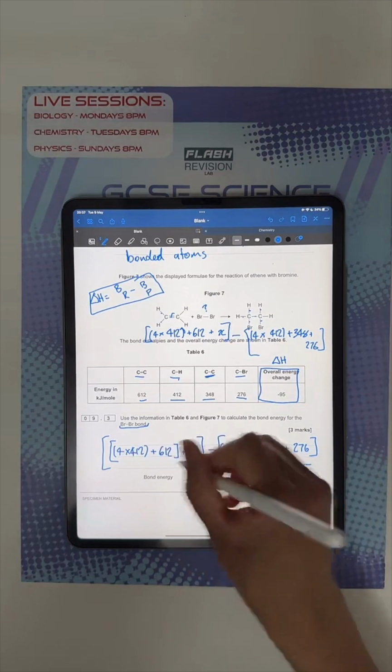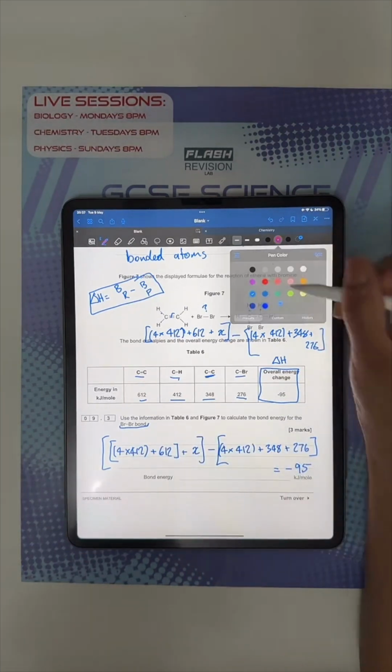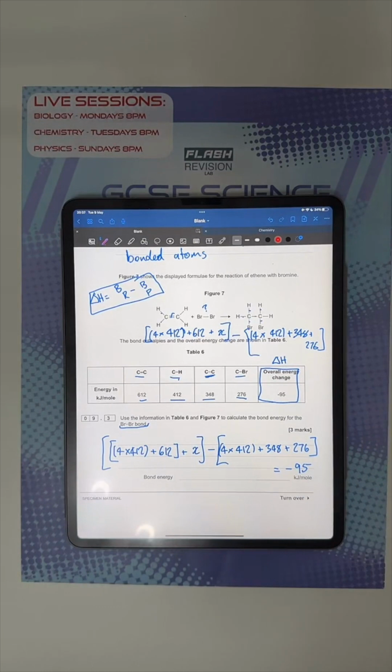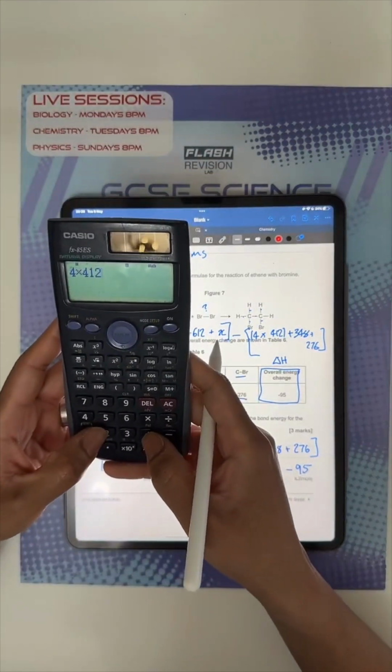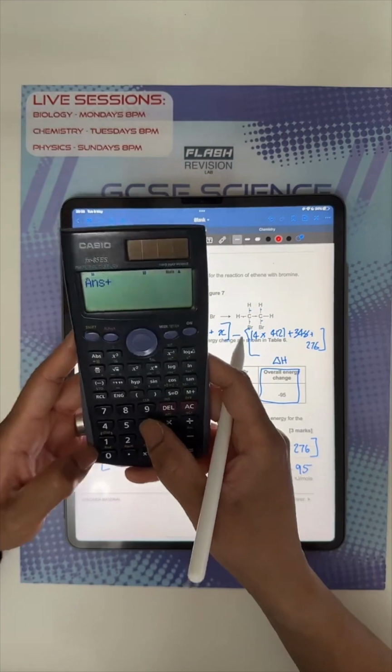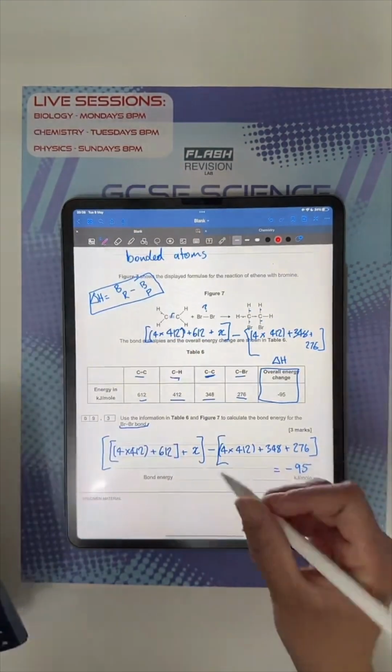So first of all, tell me what these two brackets are. Anyone worked out what these two brackets are? Okay, everyone's getting different answers. So 4 times 412 plus 612, so 2260.